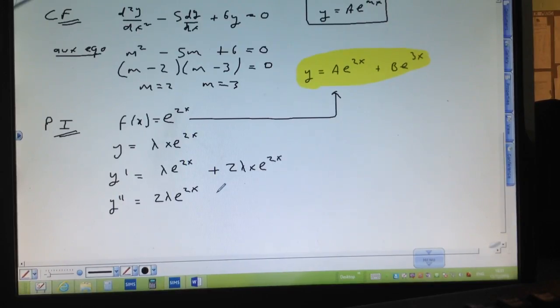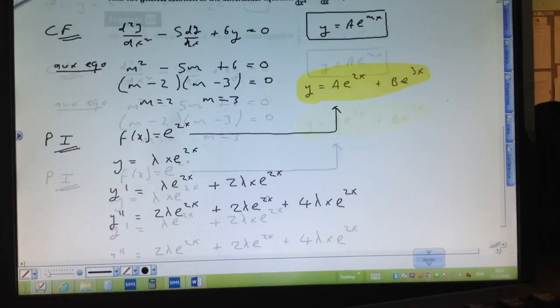And this one, product again, is going to give you, differentiate the first, 2 lambda e to the 2x, plus, leave this, differentiate that, it's going to give you 4 lambda x e to the 2x.